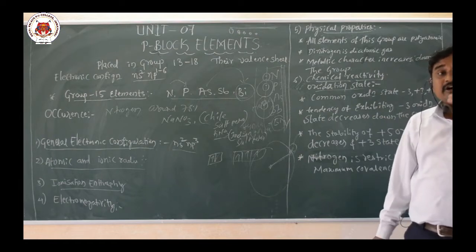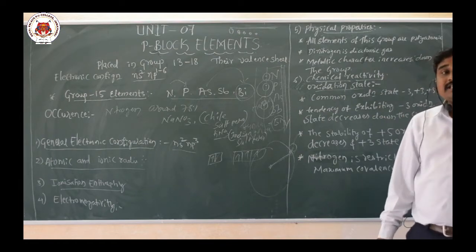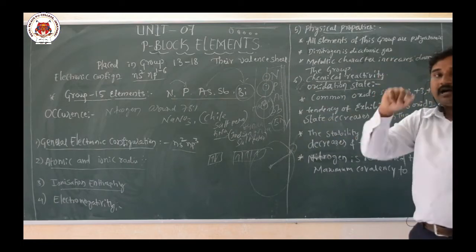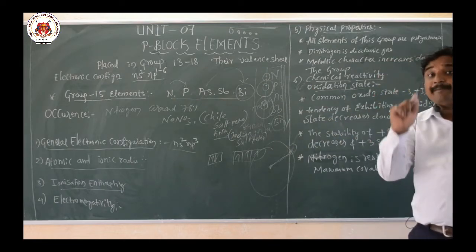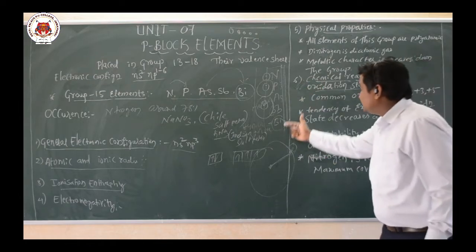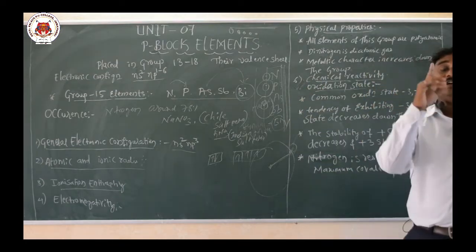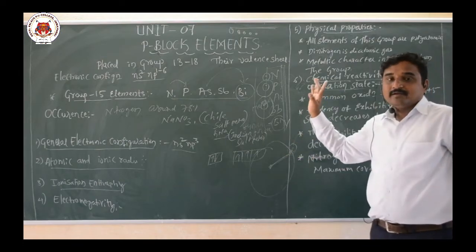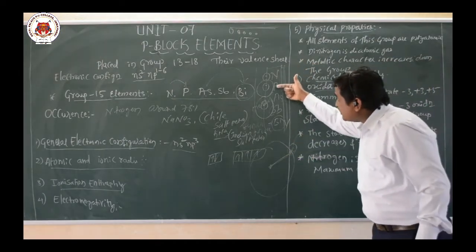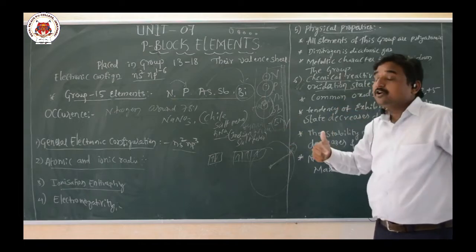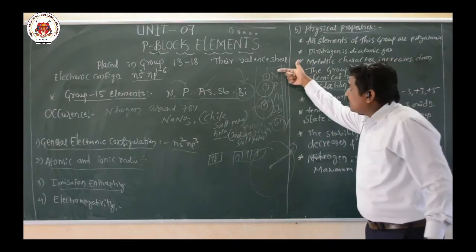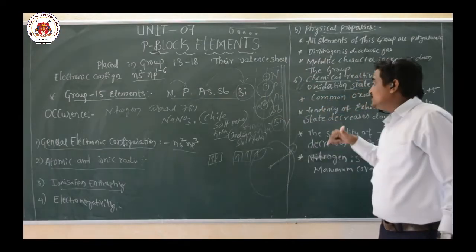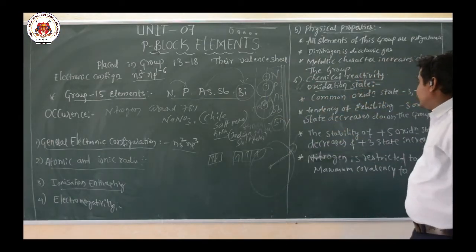But the tendency of exhibiting the -3 oxidation state decreases down the group. The stability of +5 down the group decreases, whereas the stability of the +3 oxidation state increases down the group. So this is regarding the oxidation state.